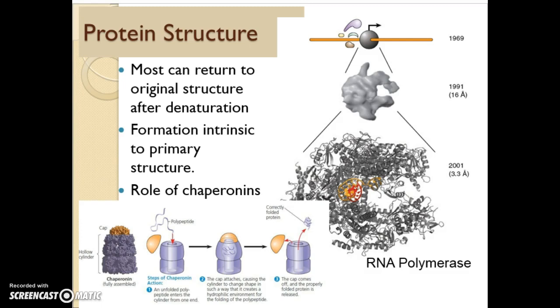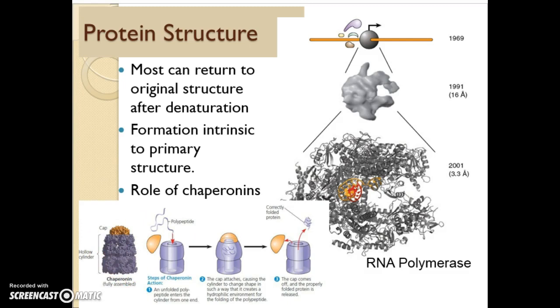Another thing is that cells interact with chaperonins to mark incorrectly folded proteins, so that they get refolded or they get destroyed by the cell. So that's a pretty mysterious and interesting function of chaperonin proteins.